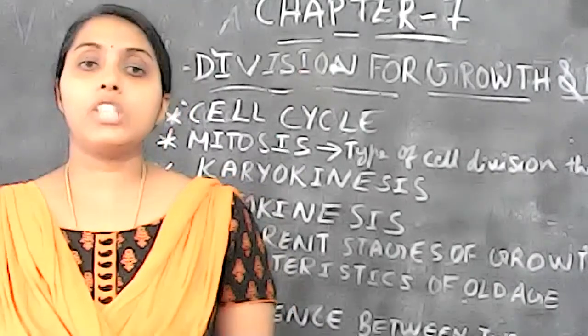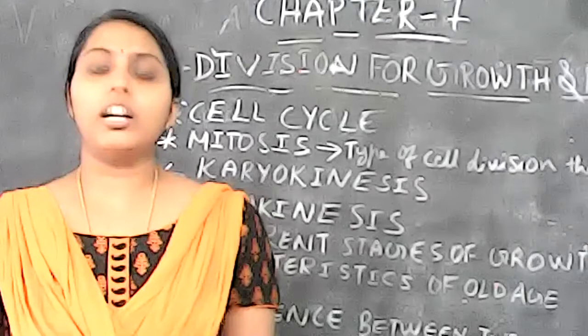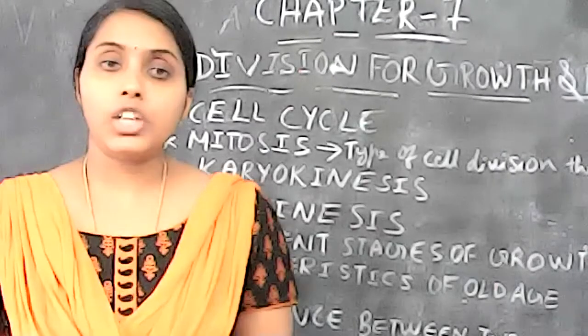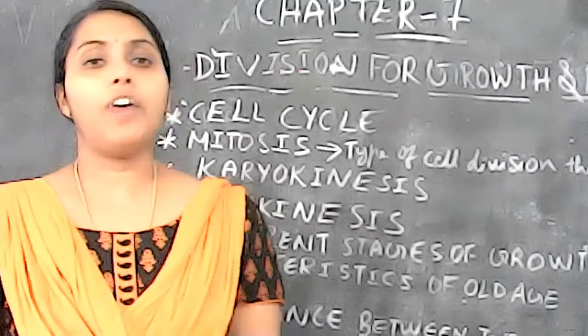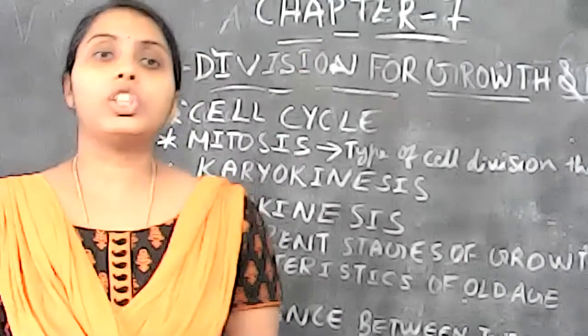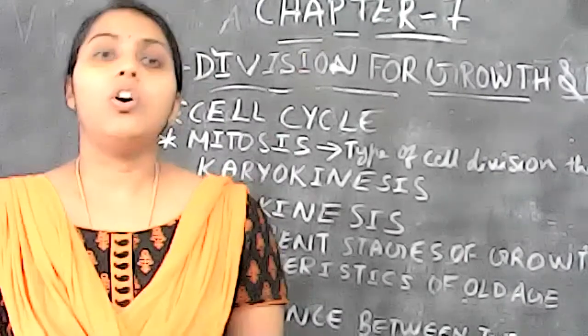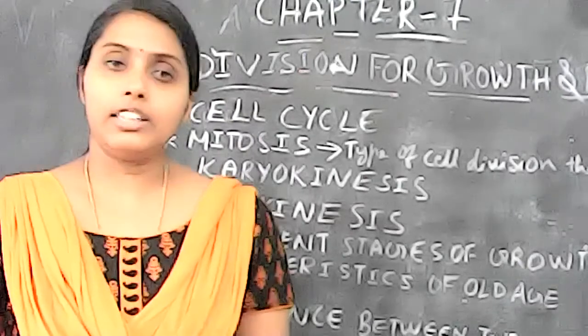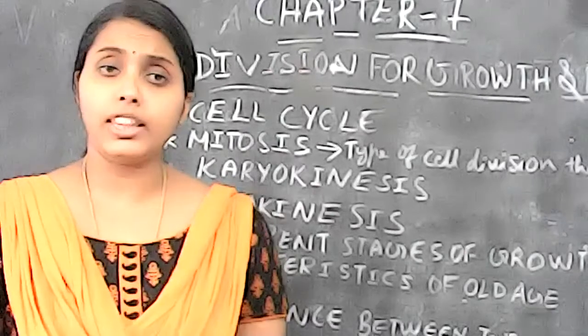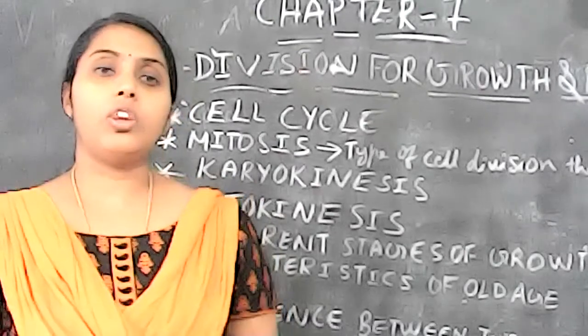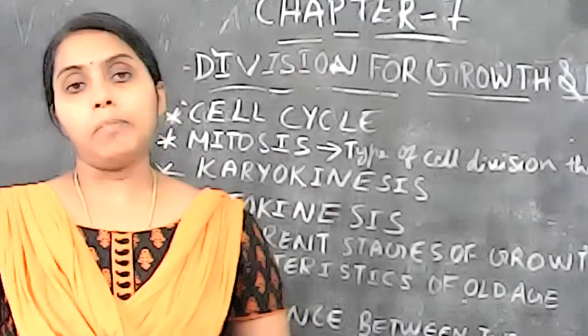During old age, all our activities will be reduced. That is, cell division decreases, energy production decreases, our body will be weak, and the functioning of our sense organs and everything will be decreased.